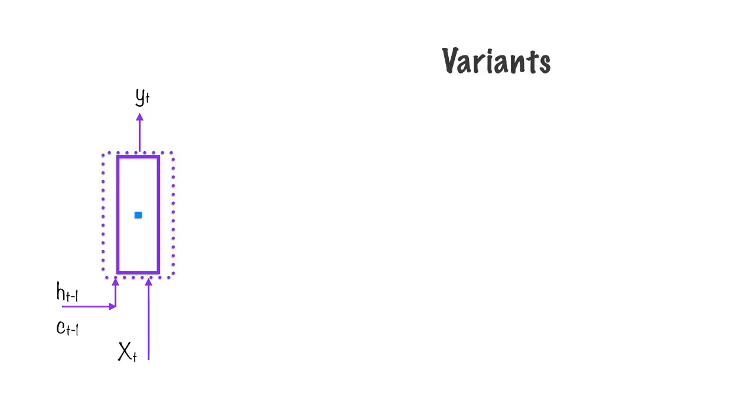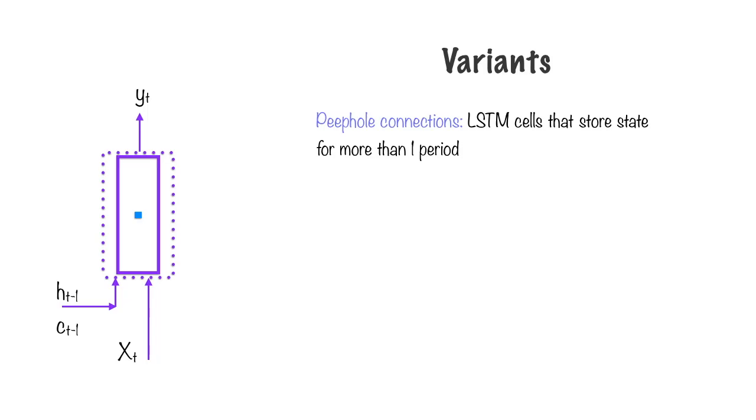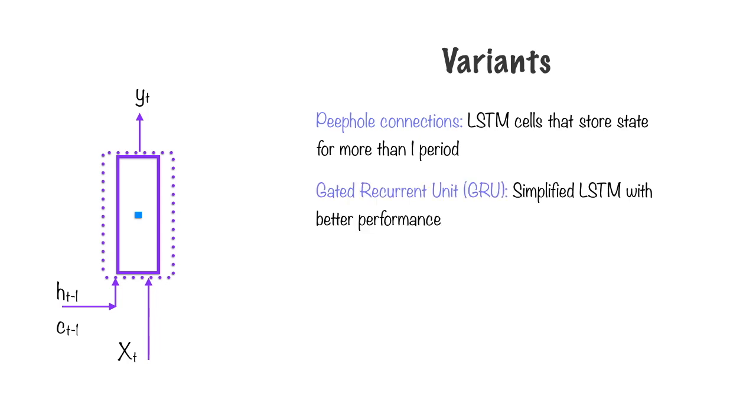LSTM cells are not the only long memory cells. There are other variants that exist today and which we can use. Peephole connections are one example. They are basically LSTM cells that store state for more than one period. The GRU cell is another commonly used cell. GRU stands for Gated Recurrent Unit.